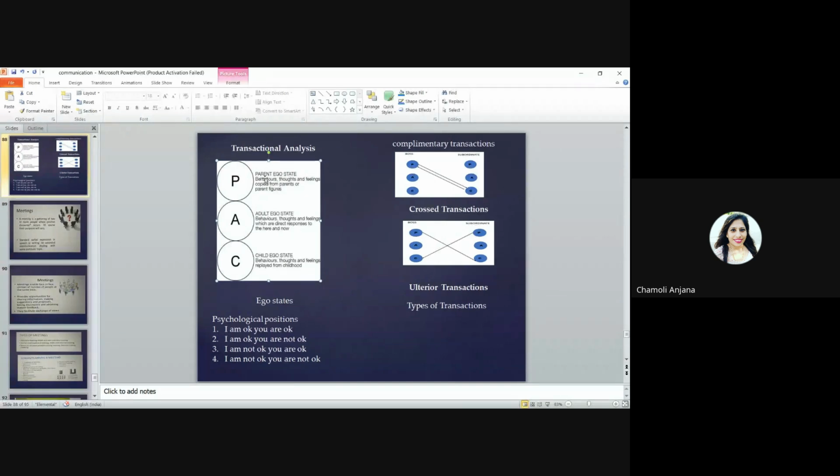He always uses his power and authority to control others, and he does not want to get any feedback or listen to anything from his employees. Then you might also have a nurturing parent ego state where he is also very controlling, but at the same time he is concerned about his employees: if I'm strict with them, then they will do their work properly, and then they will get a better bonus. So he is also concerned about them.